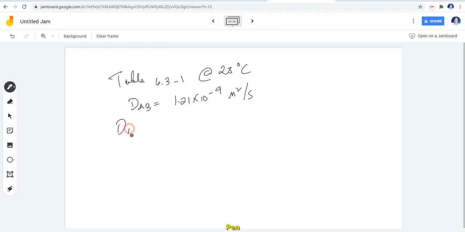Now, DAB is actually directly proportional to the absolute temperature and inversely to the viscosity. And you have learned that whenever we replace a proportionality symbol by an equal sign, we introduce a certain constant. Since we're using K here, I'd like to change this constant to K prime, or K double prime, that way you will not get confused. It's the constant after we have changed the proportionality symbol to an equal sign. And this will be multiplied to T over mu.